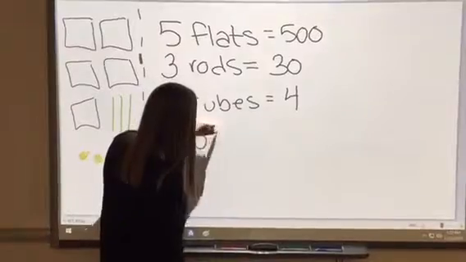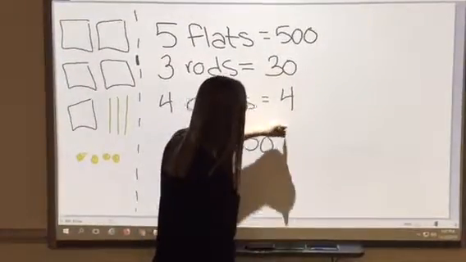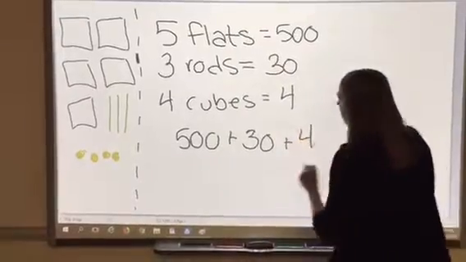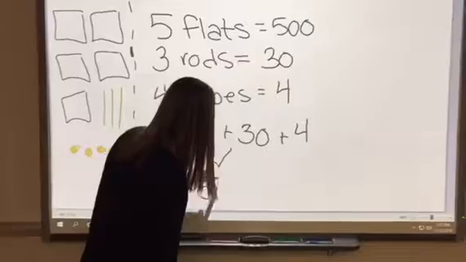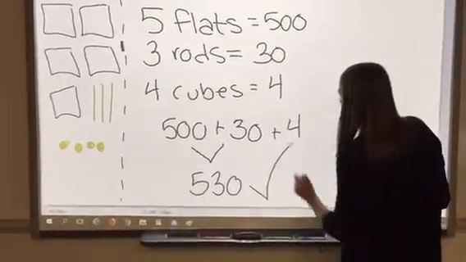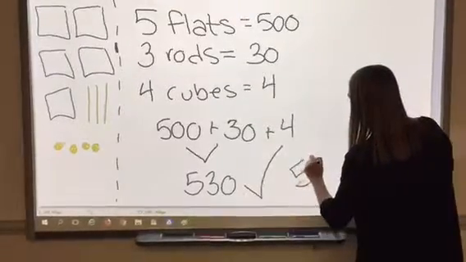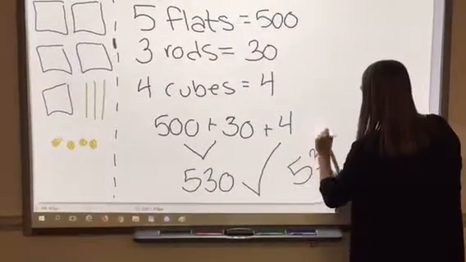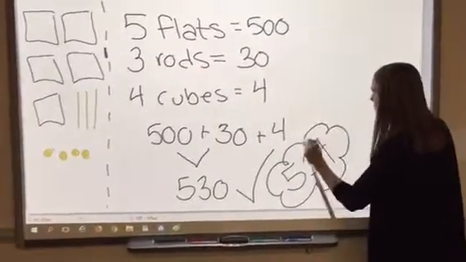Then we can represent those in an equation, 500 plus 30 plus 4. We can combine 500 and 30 for 530, and then we can combine 530 and 4 together to get 534, which is our symbolic answer, 534.